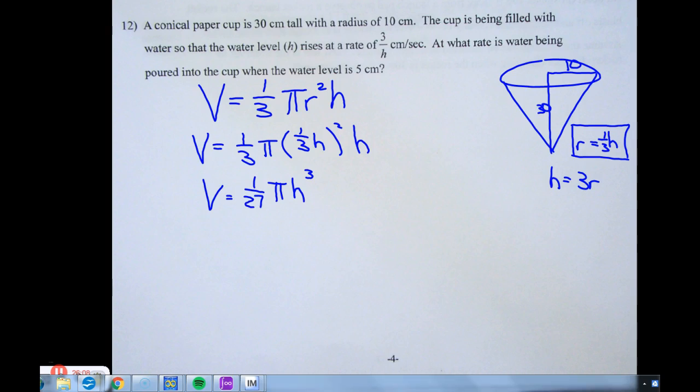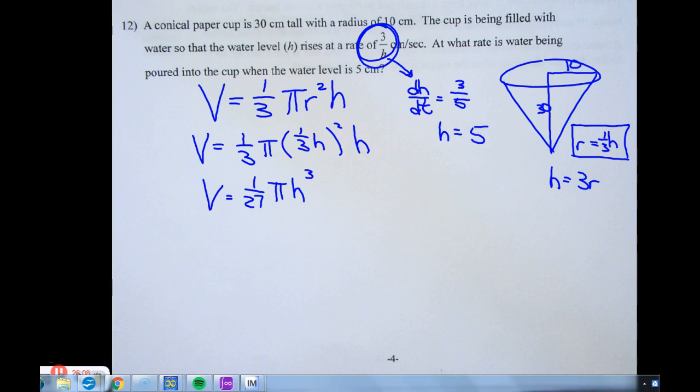What rate is water being poured into the cup? That is what we're looking for. The 3/5 is actually dh/dt. So this is your dh/dt. It's 3 over h, but we also know h is 5, so it's 3 over 5.